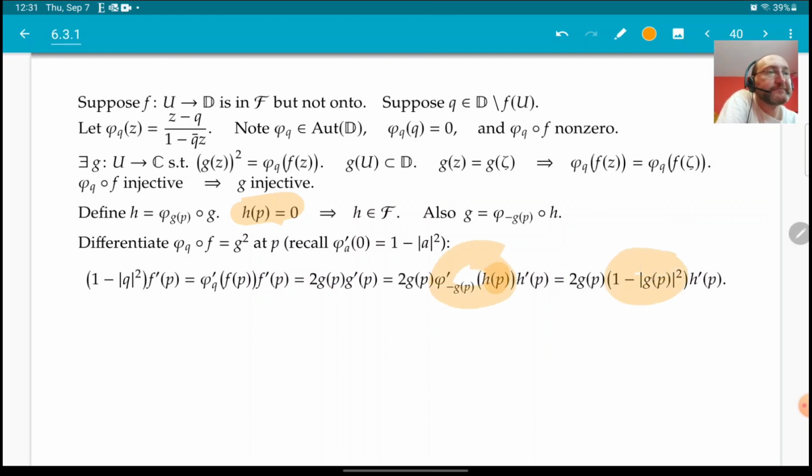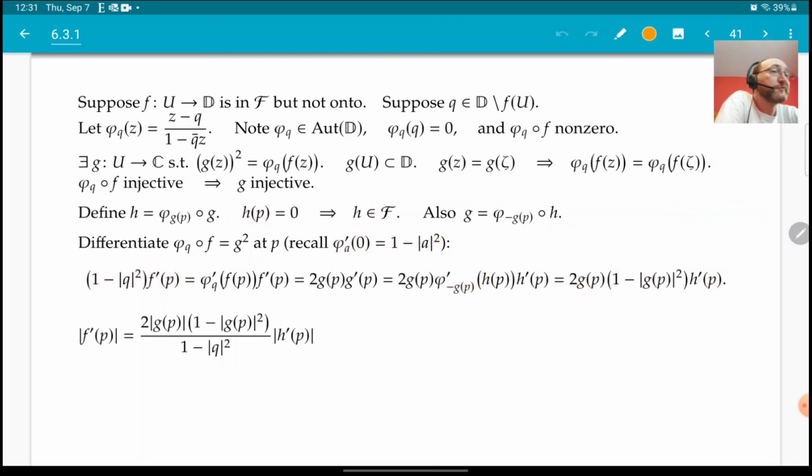We get this guy, that's just the same computation again. So we will get that this is equal to this. Or I could solve for the derivative of f, let's just take the absolute values here. We're only interested in the moduli. So let's take the modulus of both sides, and solve for the modulus of f prime, and you just divide by 1 minus mod q squared. And you get that f prime at p is this funky constant times h prime at p.